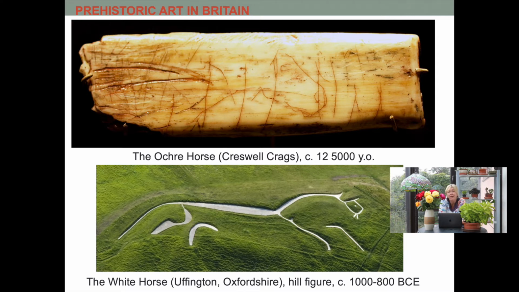It's much less realistic than the carving on the bone fragment. It's more abstract, but we can agree it looks like a version of a horse, probably. What was the function? What was the symbolic meaning of this? Hard to say, but definitely it tells you something about the culture that produced it.